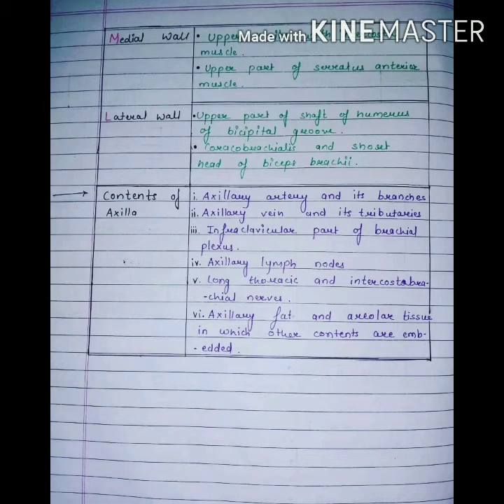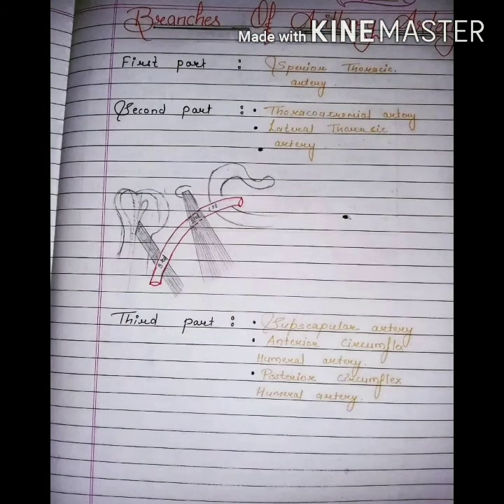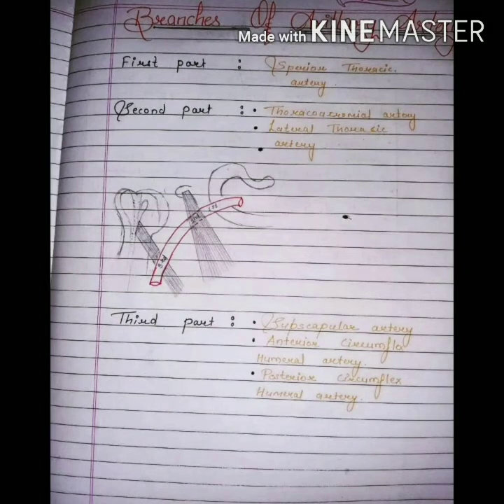Now what you have to see is the branches of the axillary artery. It is divided into three parts, and there are six arterial branches. The first part has one branch only, the second part has two branches, and the third part has three branches.